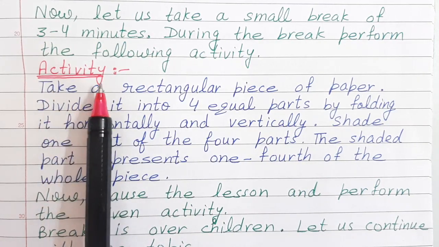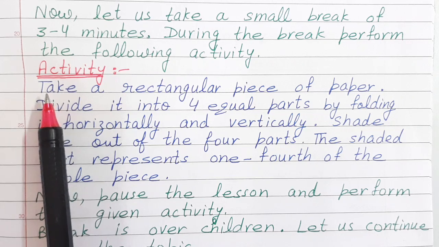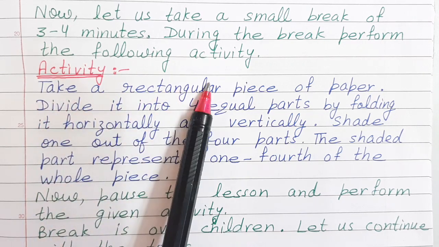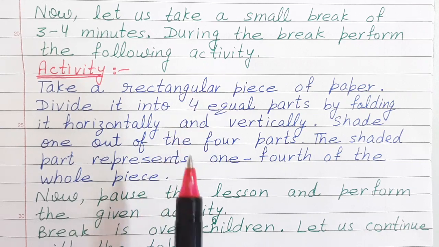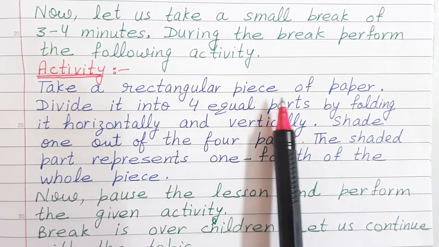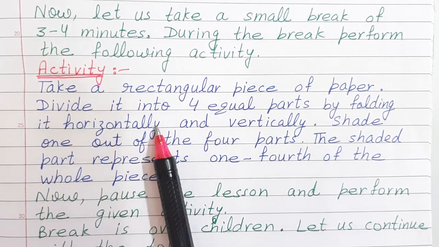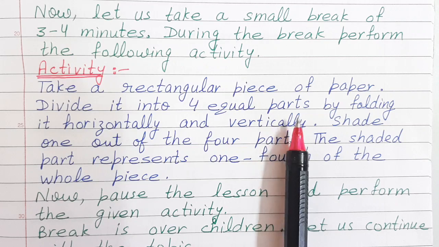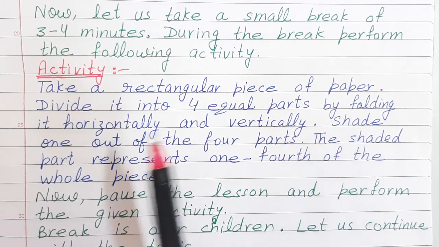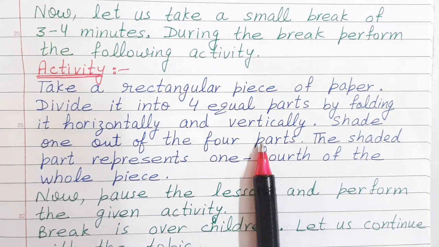Now let us take a small break of 3 to 4 minutes. During the break, perform the following activity. Now listen carefully. Take a rectangular piece of paper, divide it into 4 equal parts by folding it horizontally and vertically.